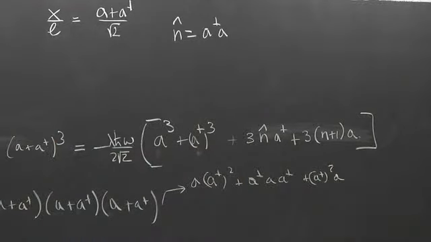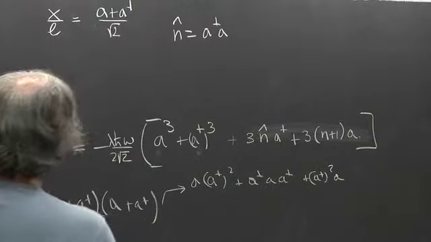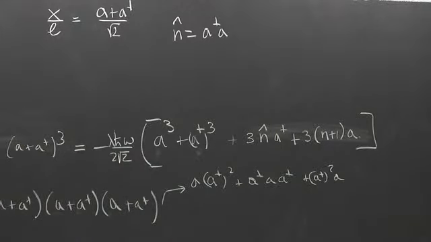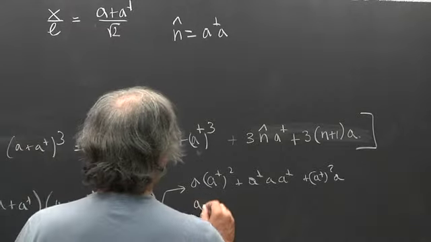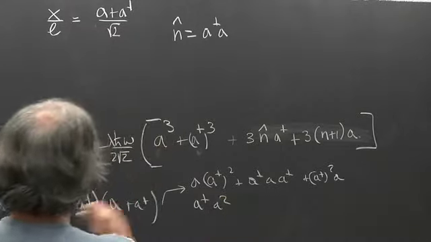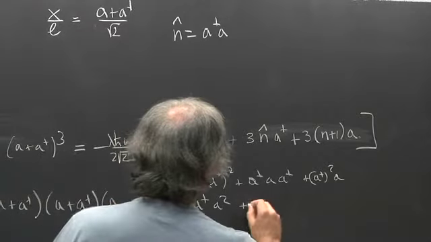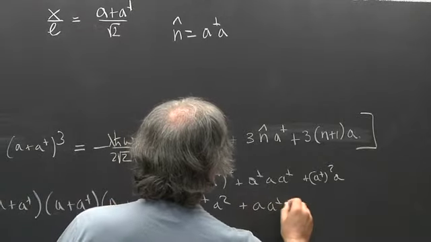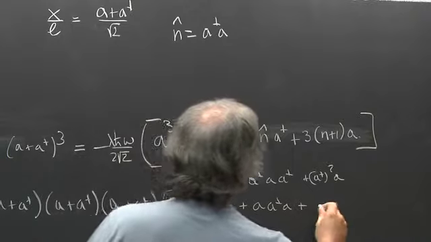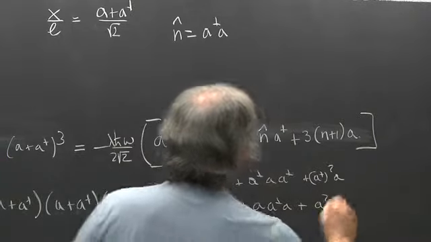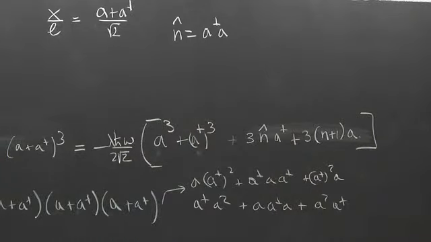This is the terms with 1 A and 2 A daggers. And then I can have the opposite, 1 A dagger and 2 A. And this can happen again with the A dagger in front and the 2 A after, or the A dagger in the middle and the 2 A here, or the A dagger at the end and the 2 A there.